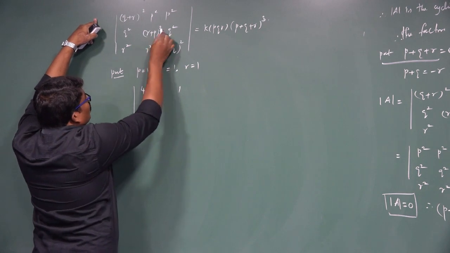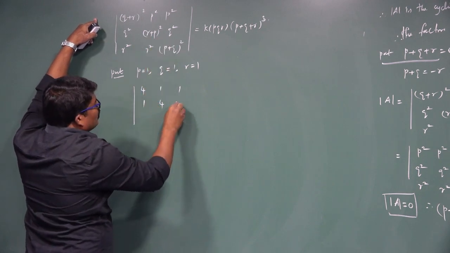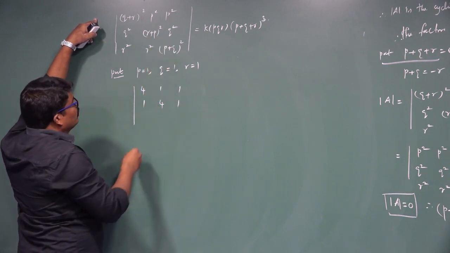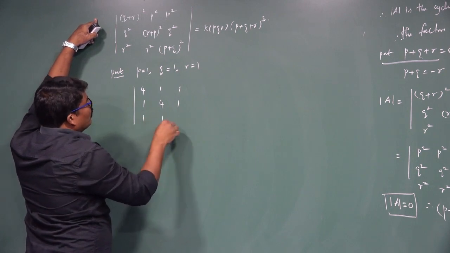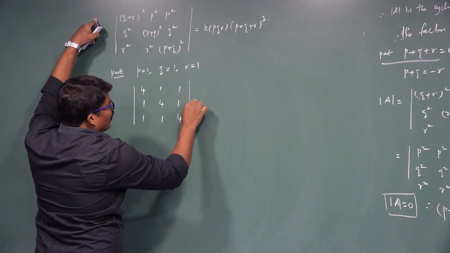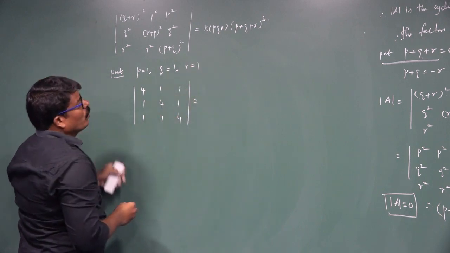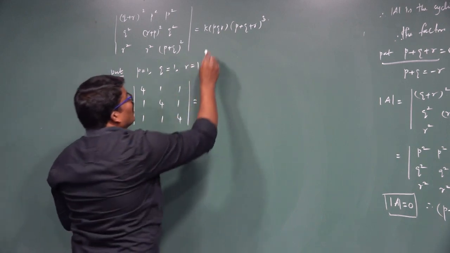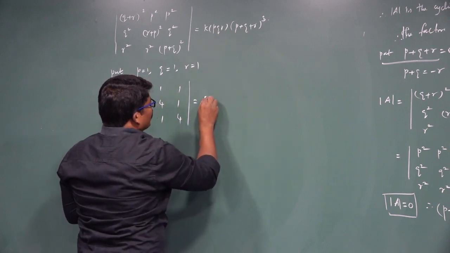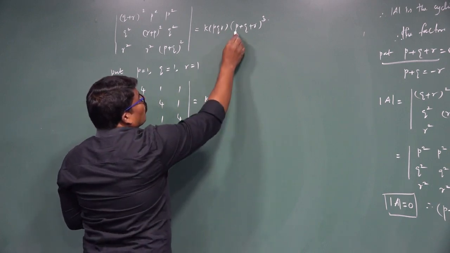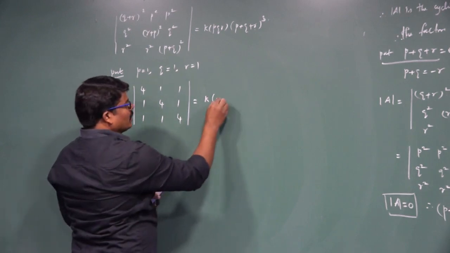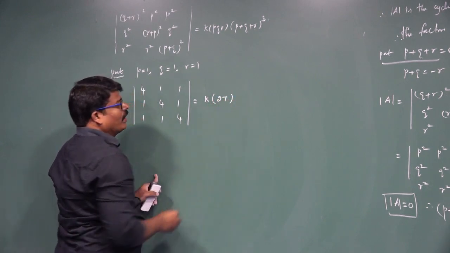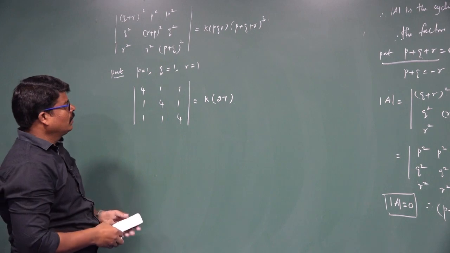Next one, 1 plus 1, 2 square is 4. Q value 1, 1 square is 1. Next, R value 1, R square is 1, 1. Next, 4 equal to K into PQR into P plus Q plus R cube. P value 1, Q value 1 and R value 1 is K into 1 plus 1 plus 1, 3 power 3 is 3 cube, 3 cube is 27.